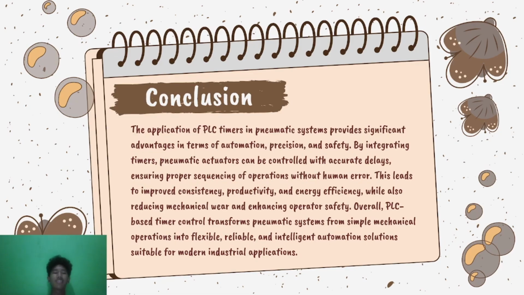By integrating timers, pneumatic actuators can be controlled with accurate delays, ensuring proper sequencing of operations without human error. This leads to improved consistency, productivity, and energy efficiency while also reducing mechanical wear and enhancing operator safety.